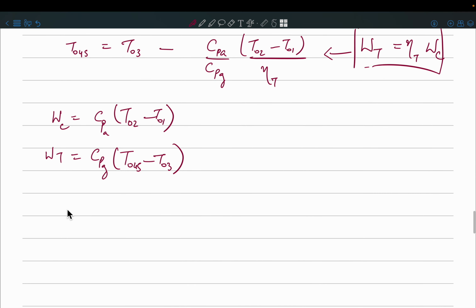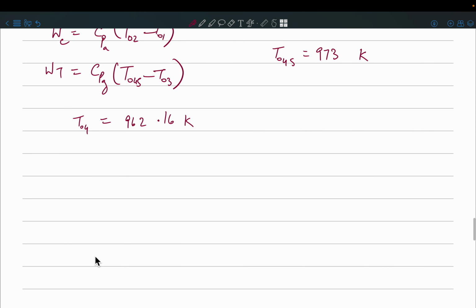Okay, and what did you get for T naught 4 then? So your answer is right for T naught 4s, which was some 973. Yeah, so T naught 4 is 962.16 Kelvin.